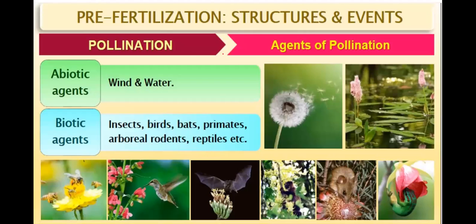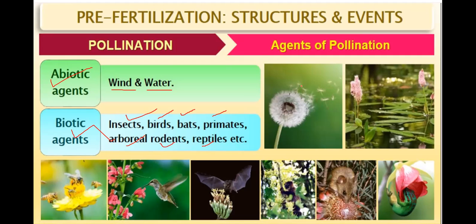So now we'll be discussing the agents of pollination. There are two types of agents, abiotic agents and biotic agents. What are abiotic agents? Wind and water. They are abiotic agents, whereas insects, birds, bats, primates, arboreal rodents, reptiles, and many more are biotic agents of pollination.